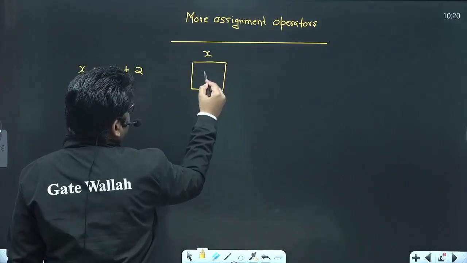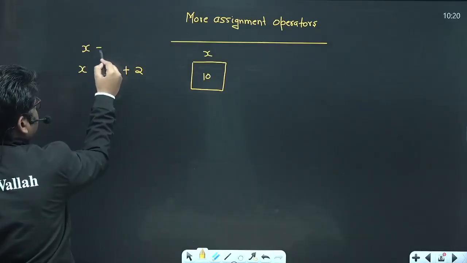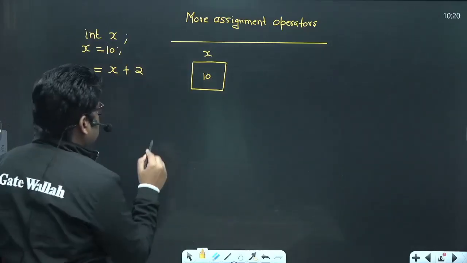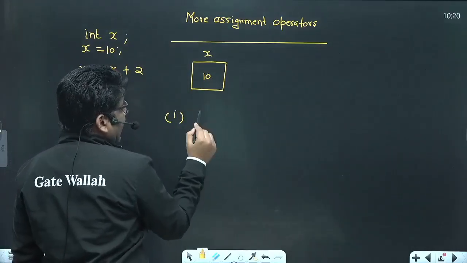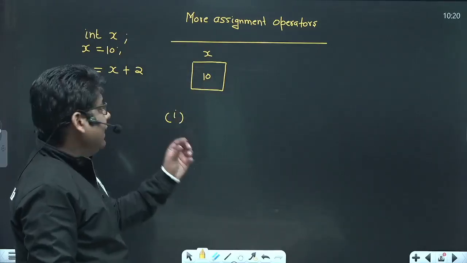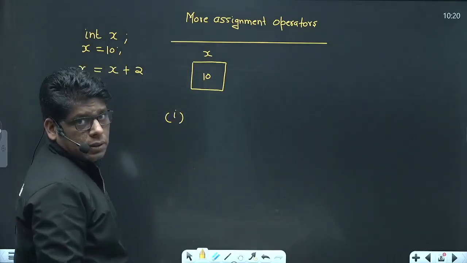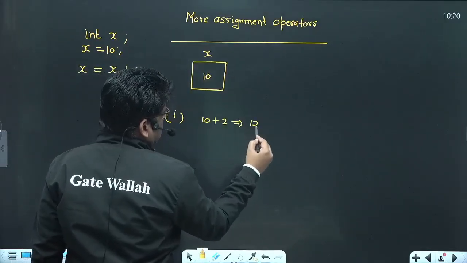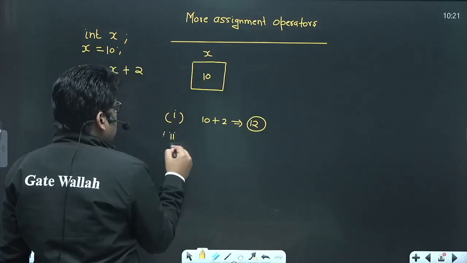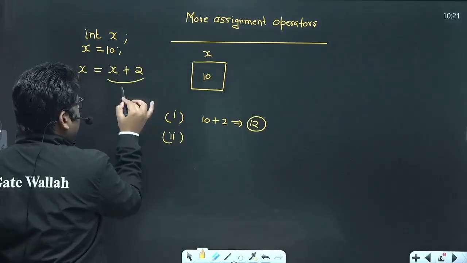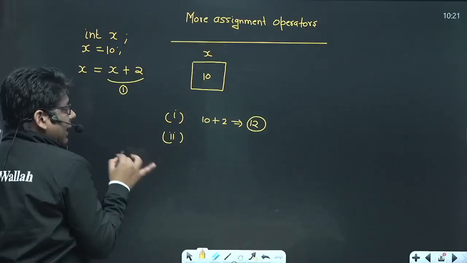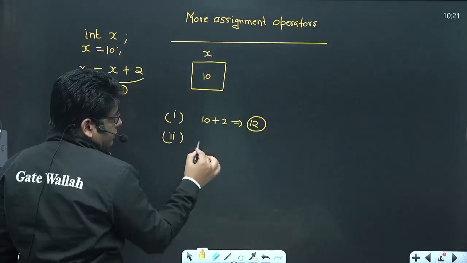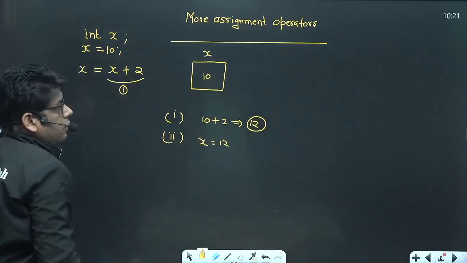If the value of x is 10, then first we are adding 2 to x. Now in the second step, first we perform addition because it is an arithmetic operator, and then whatever the value is, we store that value inside x. Am I right or not?